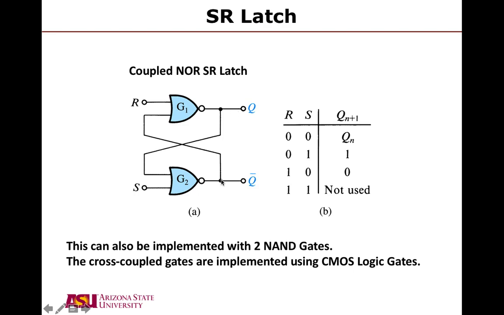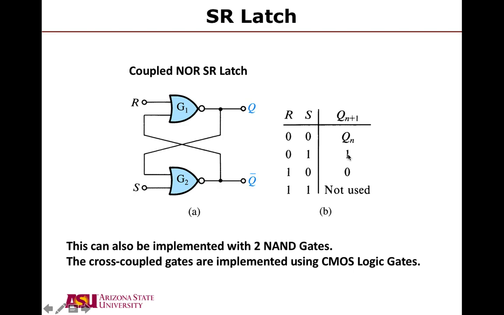Or you can look at it as Q bar feeds back 0 to G1, and R for this case, when set is 1, R here is 0, so we have 0 and 0 going into G1, so Q is 1, which comes to this point right here.